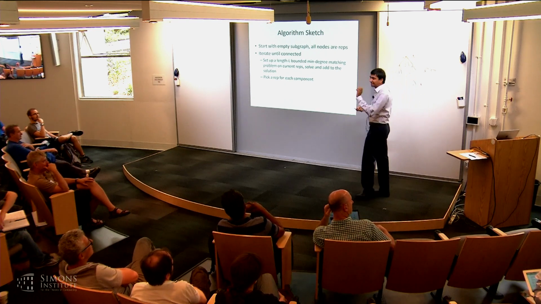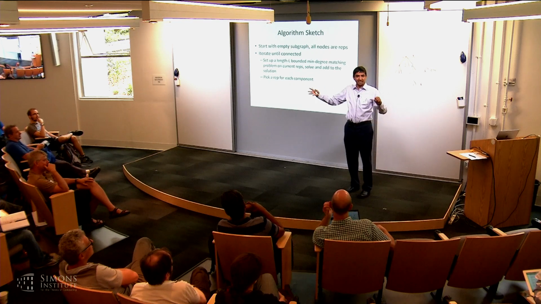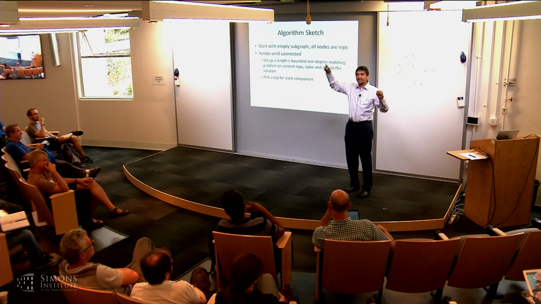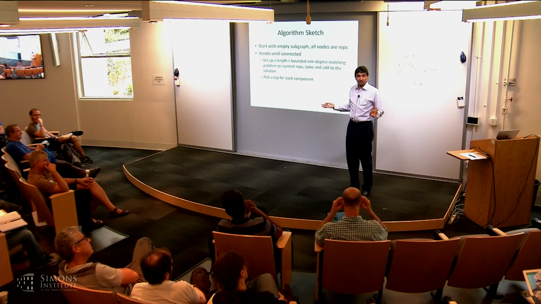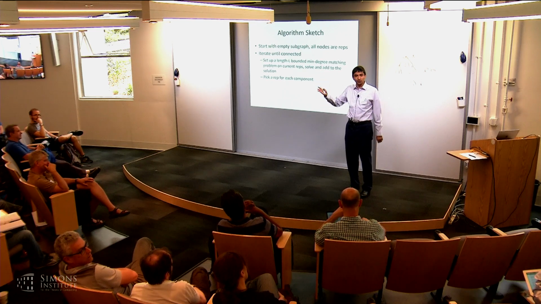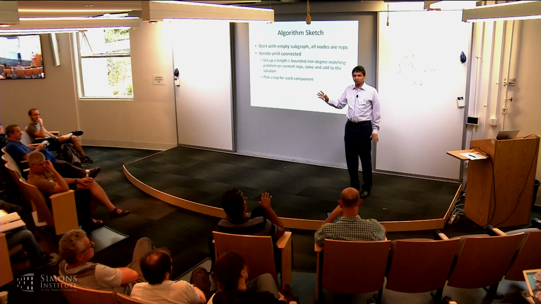If I want to connect a representative to some other representative, I set up a multi-commodity flow where I connect all the other representatives to a dummy sink. I want 1 unit of flow going from this guy to the dummy sink, and I do that for every possible node. So I get 1 flow per terminal, and I now have to bound the length of this flow. That's all. What are you guys worried about?